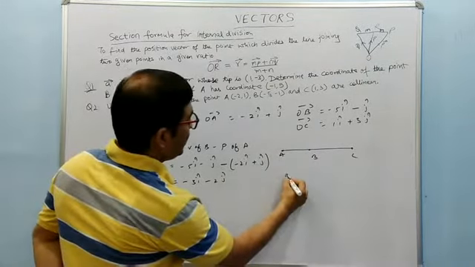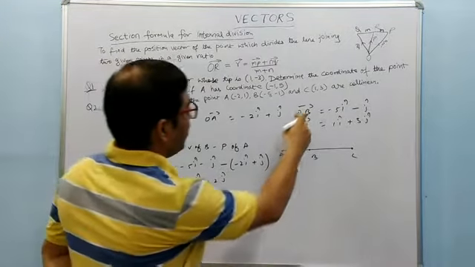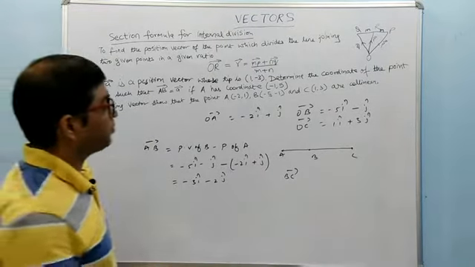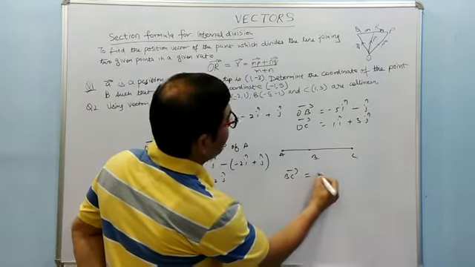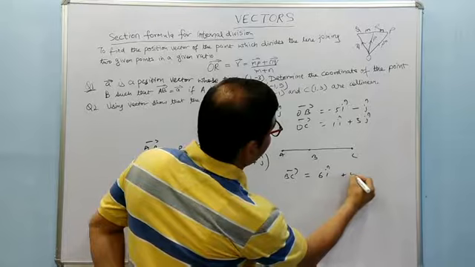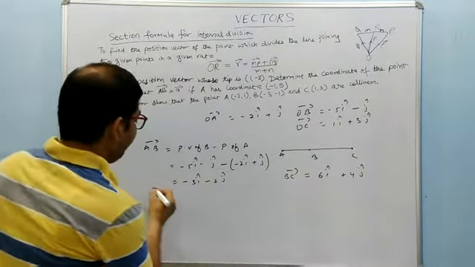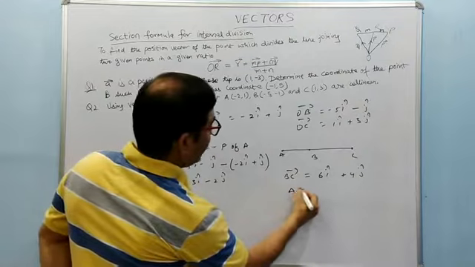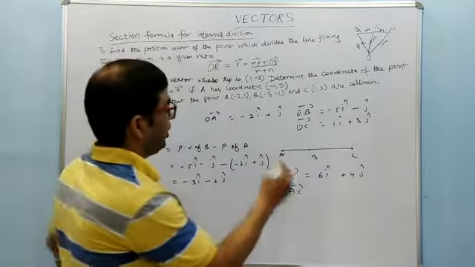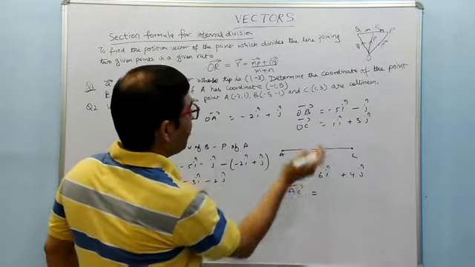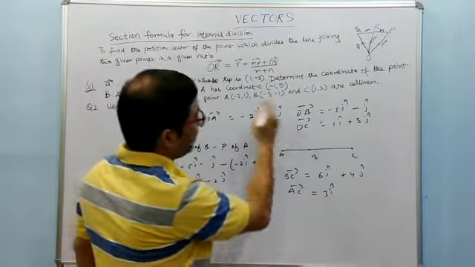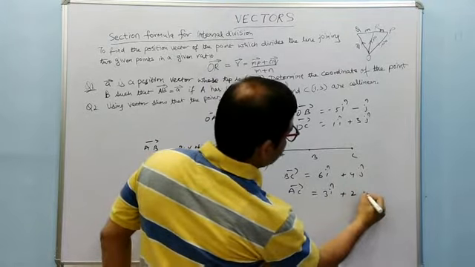Same way you find vector BC. So BC will be vector OC minus vector OB. BC is going to be 6i cap and 4j cap. Same way you can find vector AC. What is that? Position vector of C minus position vector of A. So it will come out to be 1 minus (minus 2), that is 3i cap, and 3 minus 1, that is 2j cap.